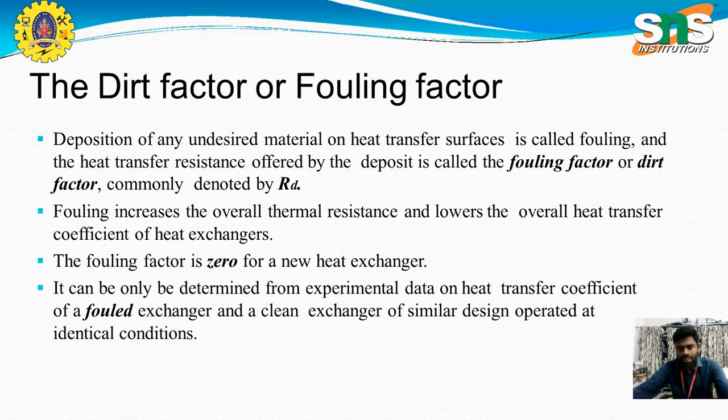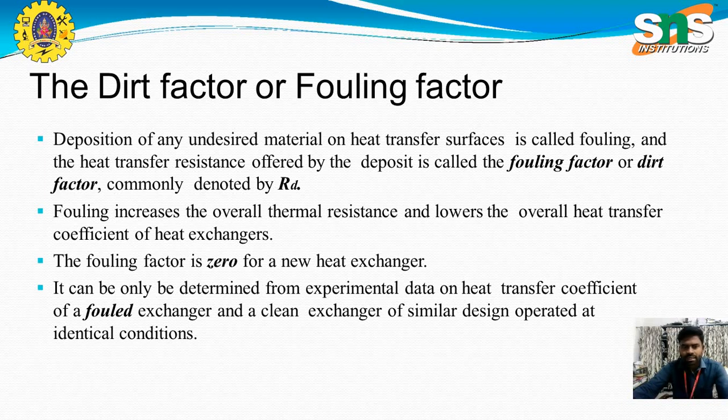For example, in the double pipe heat exchanger, a smaller tube is placed in the larger tube. Once the deposition is on the inner tube, that is, the inner tube surface is surrounded by the deposition, then when the heat transfer process is taking place, this deposition will act as a resistance.